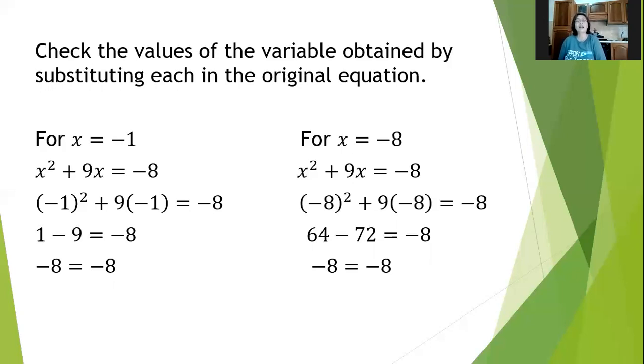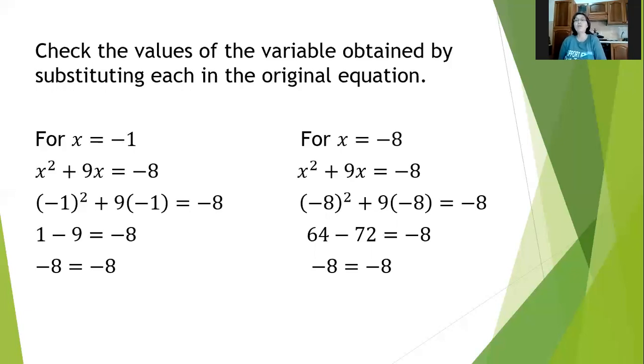Bring down -8. 1 minus 9 is -8, which is equal to -8. Since -8 is equal to -8, therefore -1 is a solution of the quadratic equation.